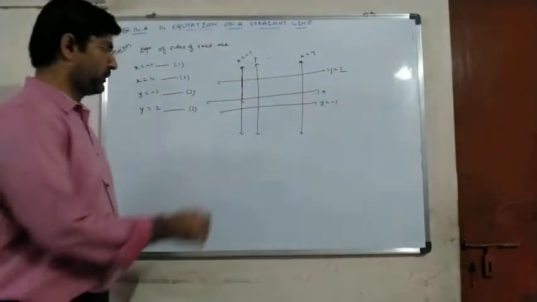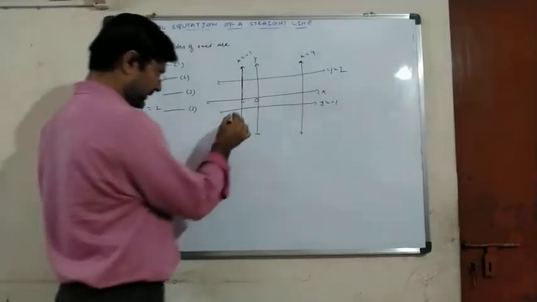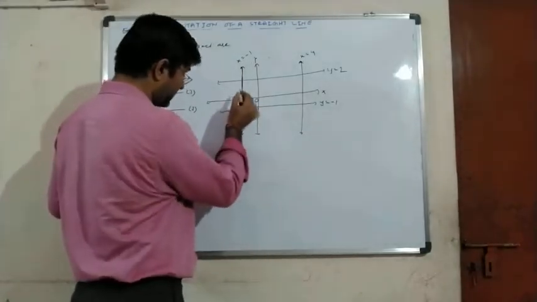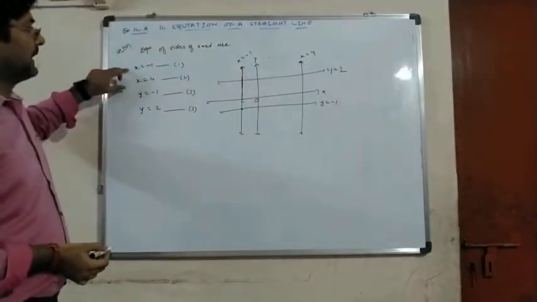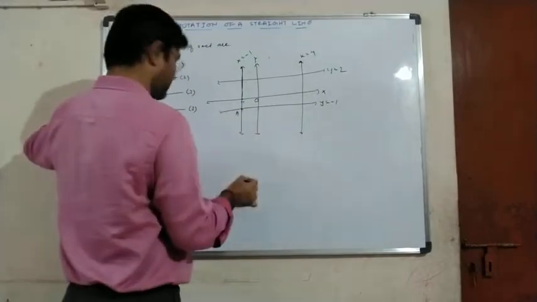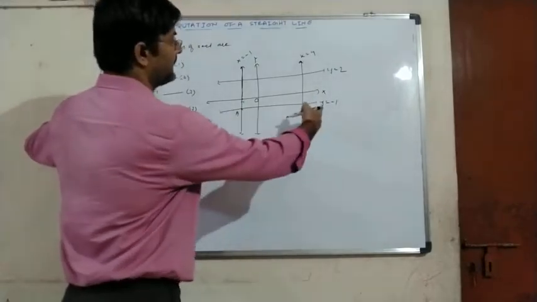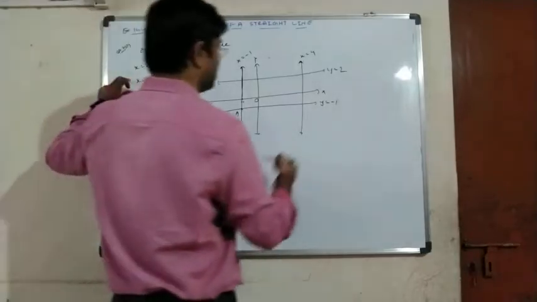Now we have the points of intersection of these four lines mutually. See here, the first and the third line intersect, suppose at point O. Again y = -1 and x = 4, second and third.